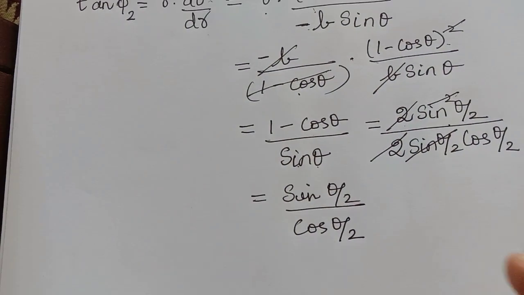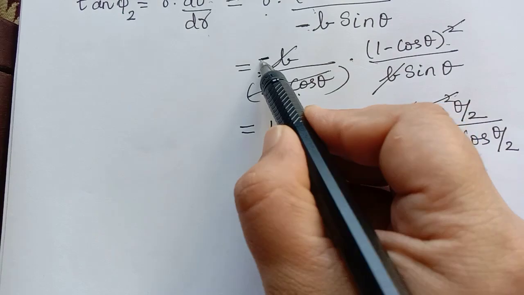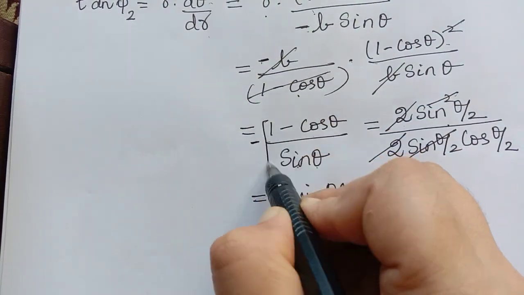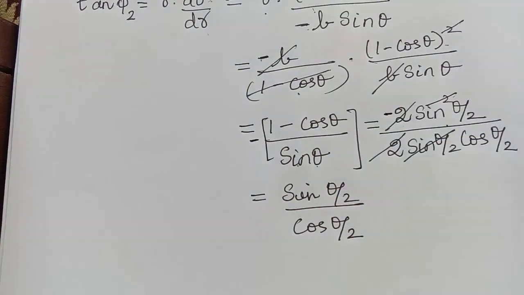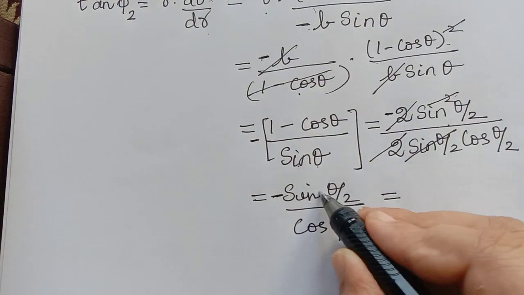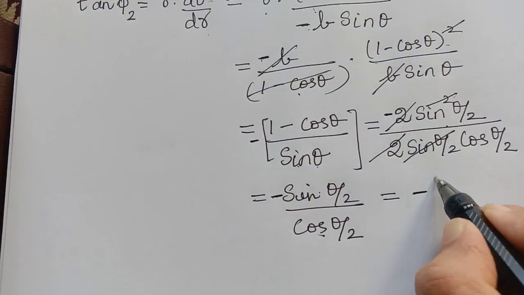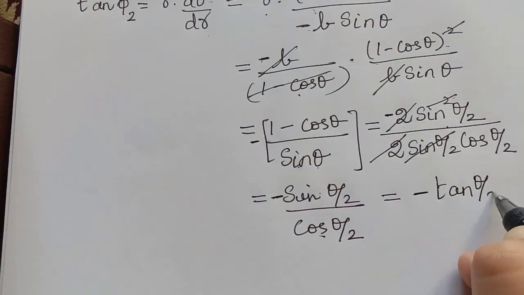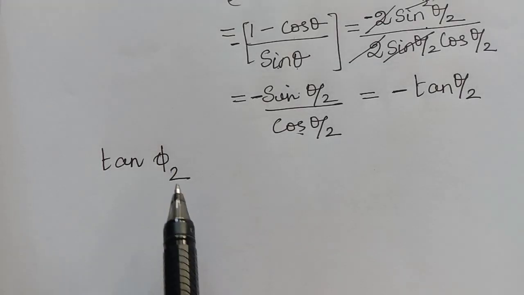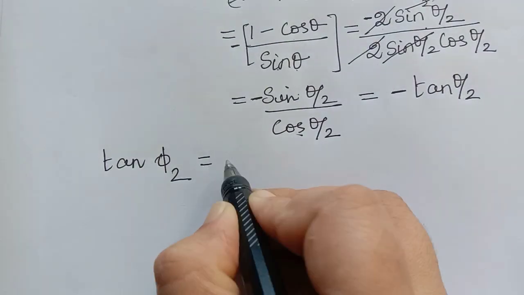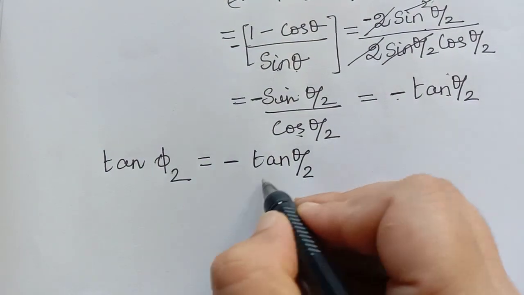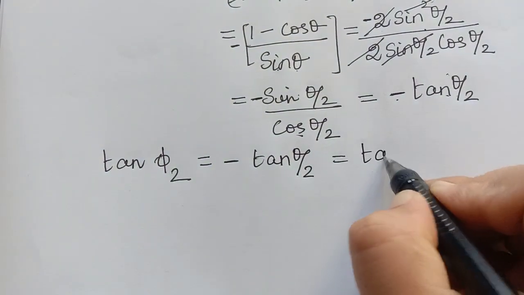But also remember, this negative sign has to be carried throughout, which I had left out in this step. So we have a negative sign over here, and therefore what is sin by cos? It is tan, so we get minus tan theta by 2. Therefore we obtain tan phi 2 to be equal to minus tan theta by 2.